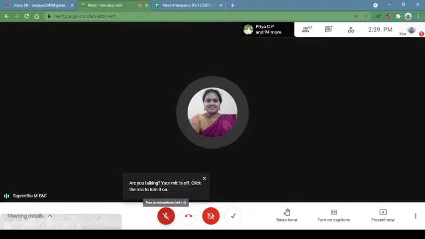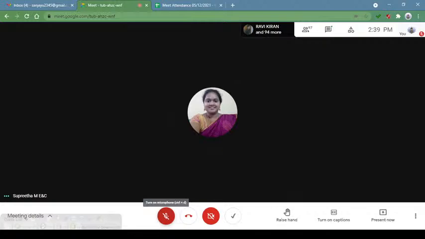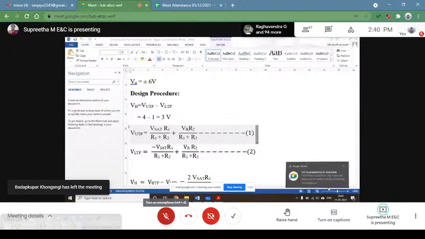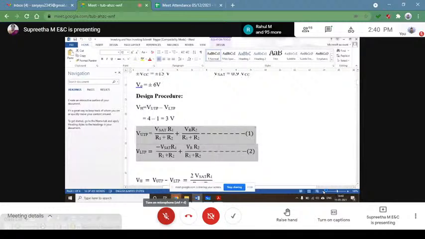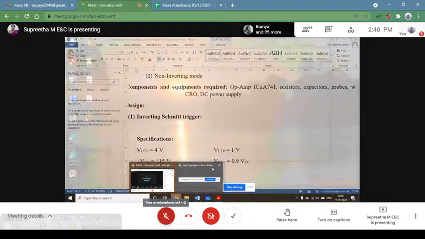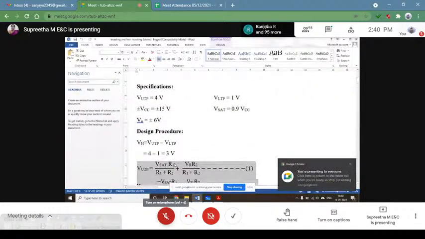If we take plus VH and VL as VSAT, you know what will be your VSAT voltage? 90% of VCC. Alright? VSAT is 90% of your VCC, and then you can assume and find out the values. If you observe here, I'll just show you a sample copy, where we take the output voltage to be plus or minus 6 volts.